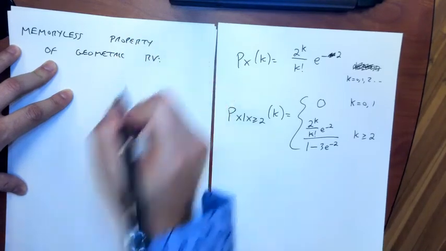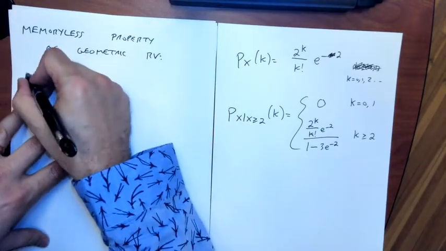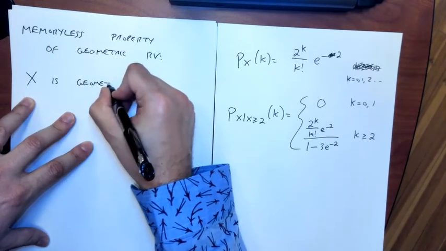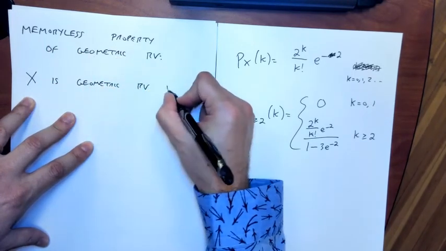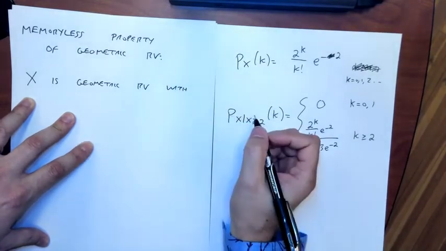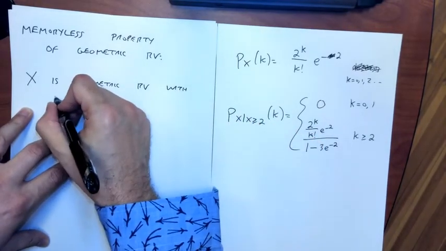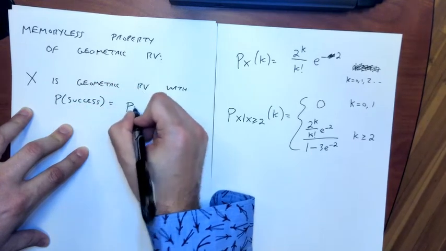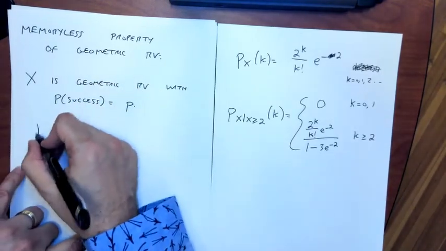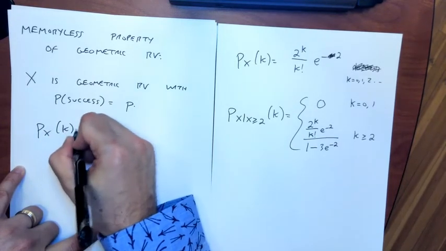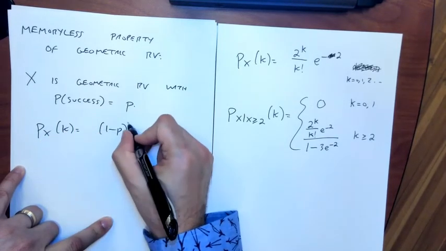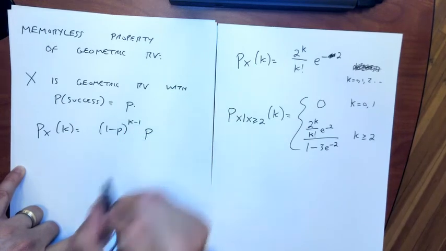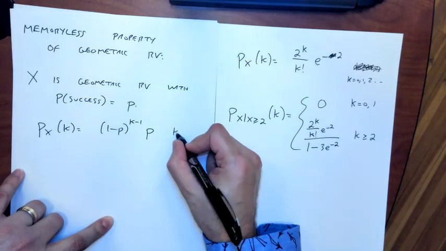Let's say that X is a geometric random variable with probability of success p. That means that this is my PMF: I have 1 minus p to the k minus 1 failures followed by a success.